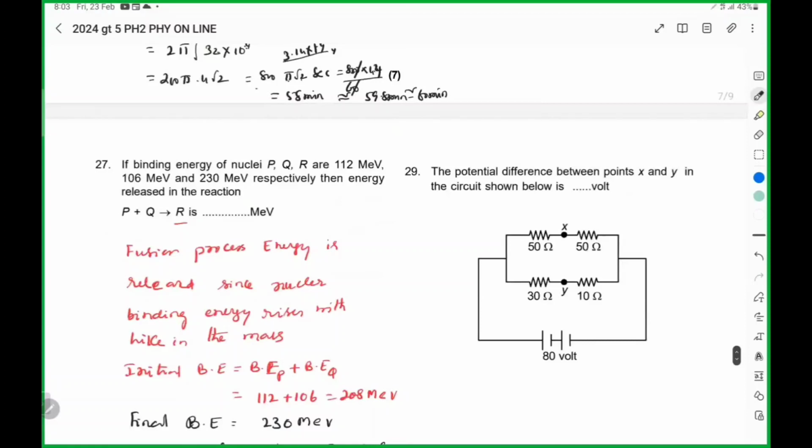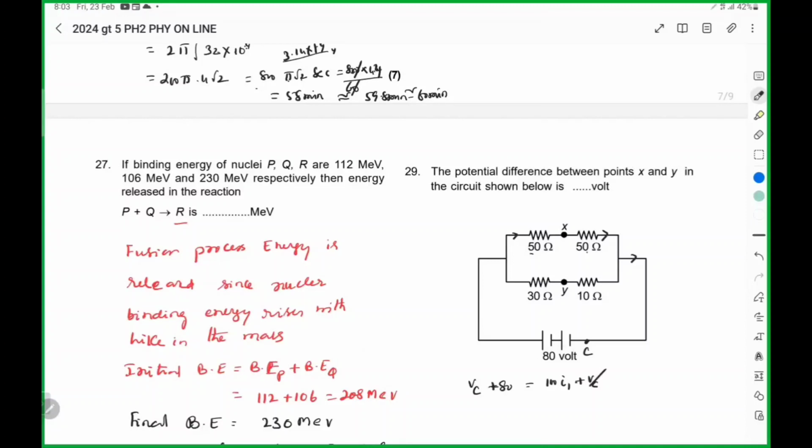Here, the potential difference between X and Y in the circuit. Let us take point C here. So if you apply Kirchhoff's second law, VC minus 80, if you take the path like this, is equal to 100 I1 plus VC.